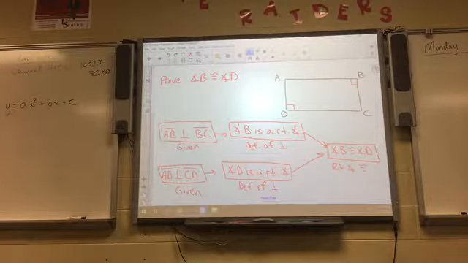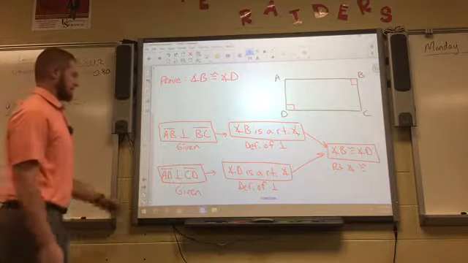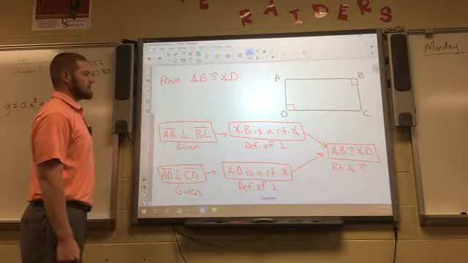Maybe they're postulates, theorems. Okay? They have to be something that is factual. You can't just say, because I added. Okay? Well, if you're saying because you added and you did it on both sides, you're using the addition property, right? Okay, so just understand that. It's got to be a property or a definition, theorem, postulate, something like that to go in a proof. Okay, you can't just say because it's true or something like that. Okay, that doesn't work. Okay?